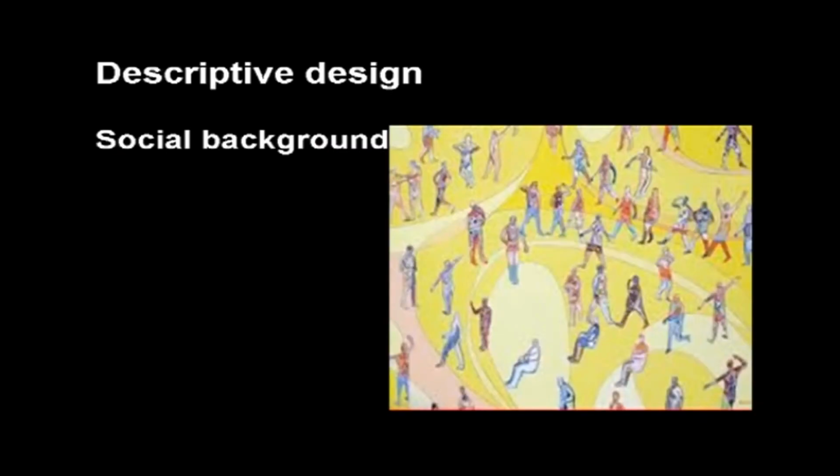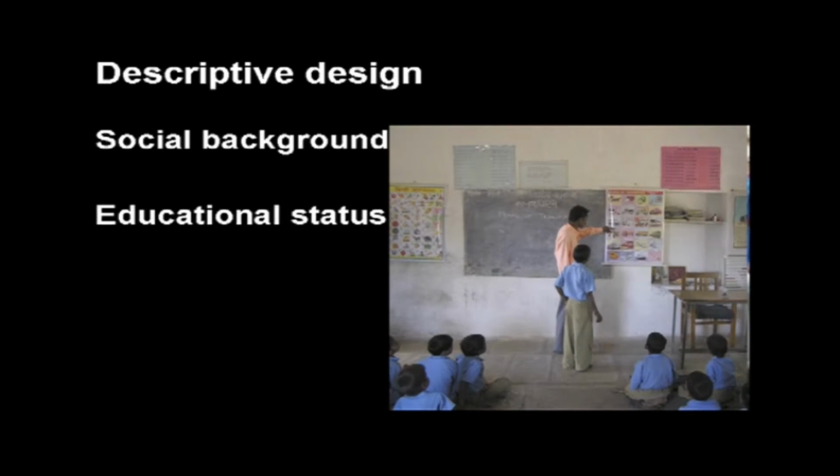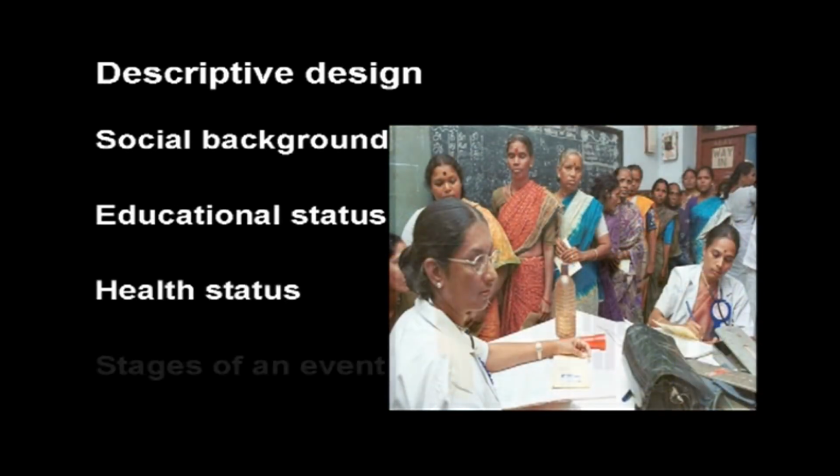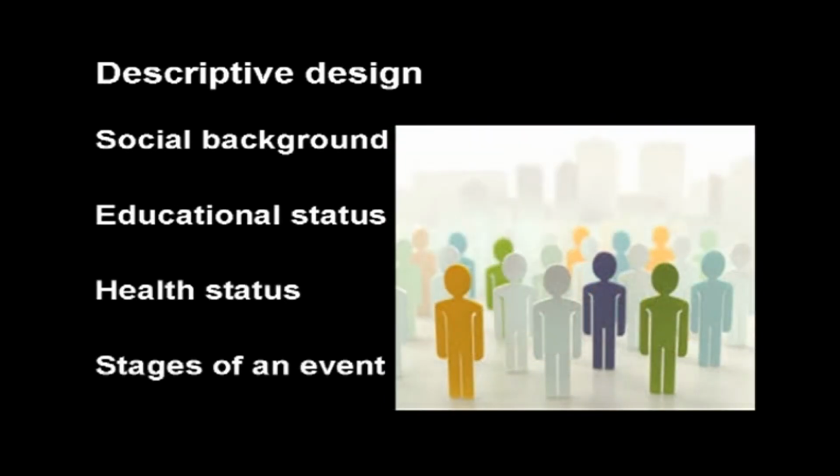Many social research works have been concerned with describing the characteristic features of communities or explaining an event or a phenomenon. This sort of studies aim just to describe the factors relating to the issue, like the social background, educational status and health status, or enumerate different stages of an event.